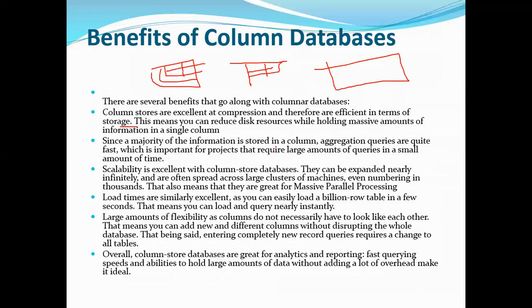Since the majority of the information is stored in columns, aggregation queries are quite fast. Aggregation is nothing but what? For example, all student marks are here, different marks of a student. Now I want to find the total. Finding this total is easy by adding all these values.